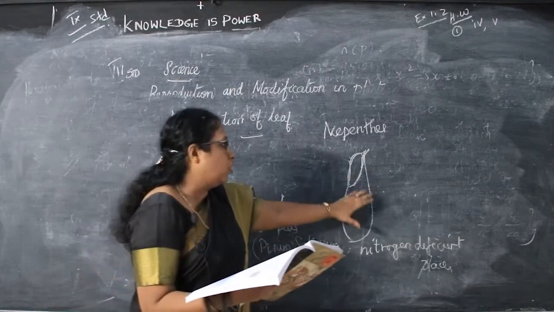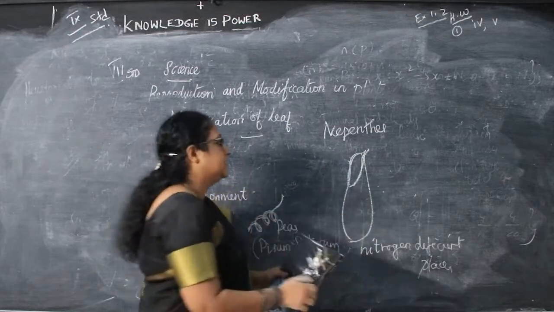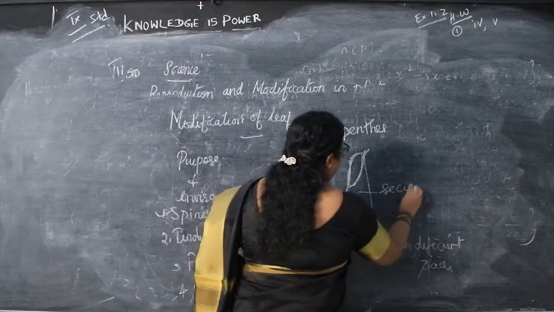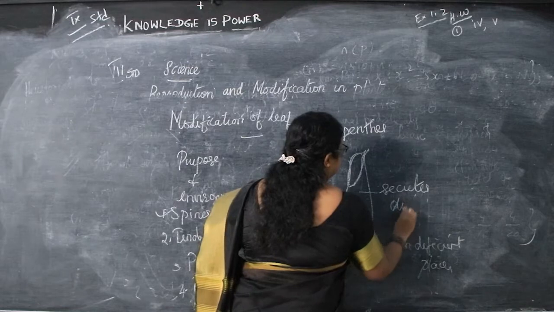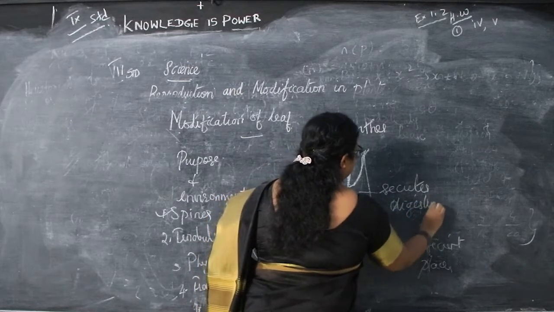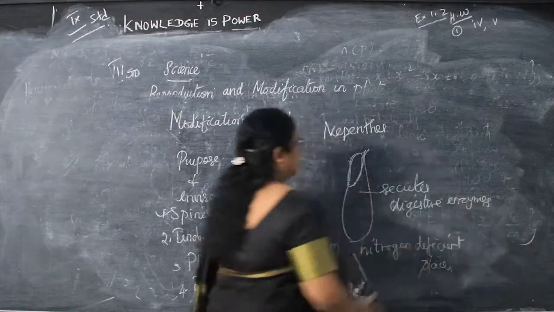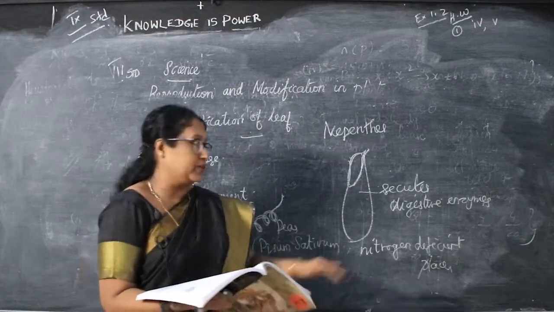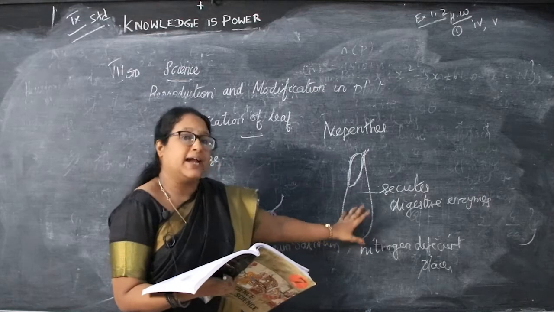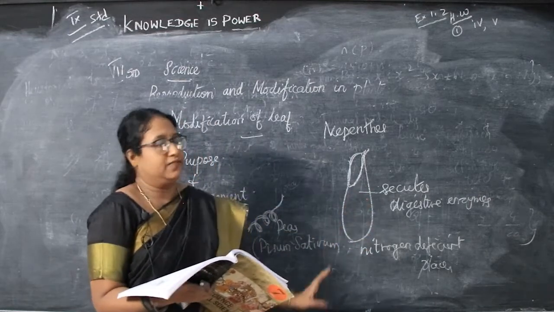The inner wall of the leaf secretes digestive enzymes and helps to digest the insects and extract the nitrogen for the plants.